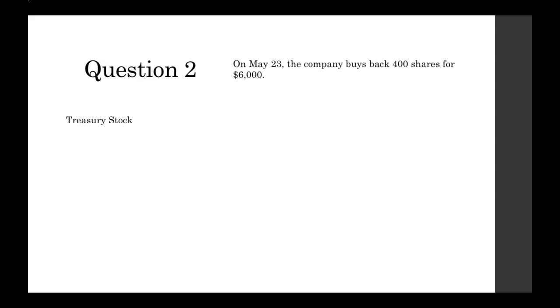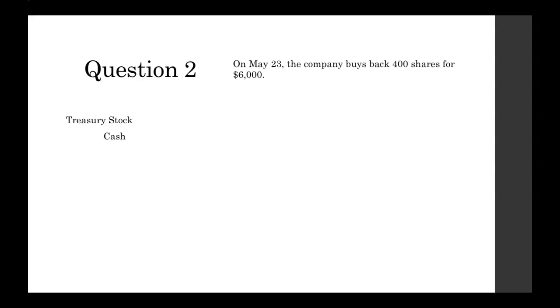We said that they were called treasury stock. Whenever you buy back shares of stock, they are considered treasury stock. So we debit our treasury stock here, and we'll credit our cash.